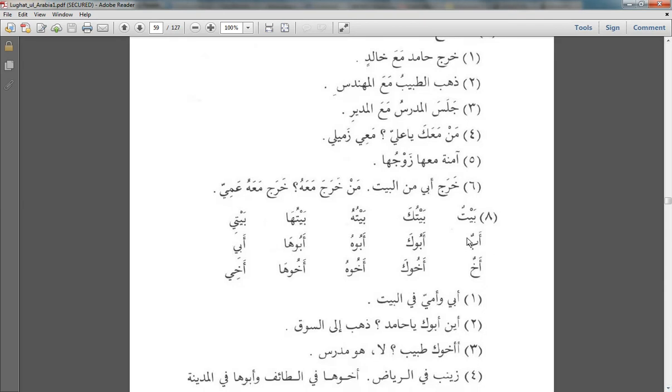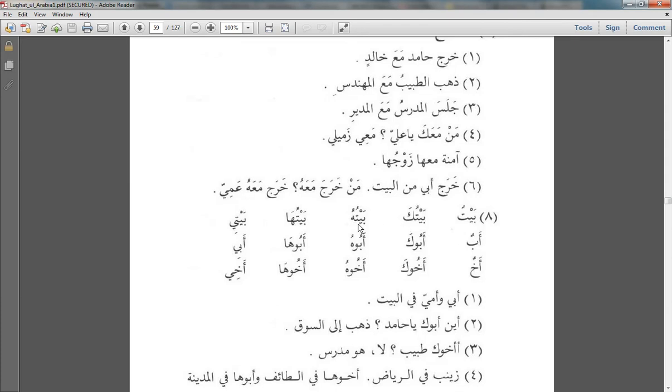بيت. This is giving the examples of the pronouns when they're connected, and the difference between a regular noun and those nouns which are connected with a waw, alif or ya in the middle. So baytun, baytuka, baytuhu, baytuha, bayti. This is basically a normal noun with the attached pronouns.